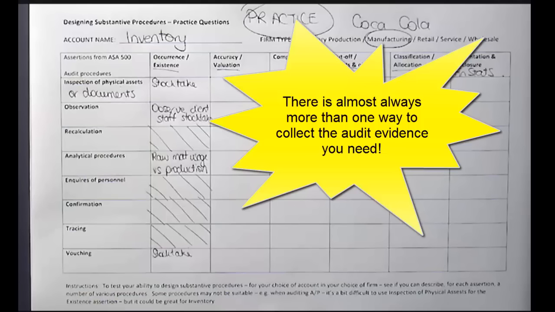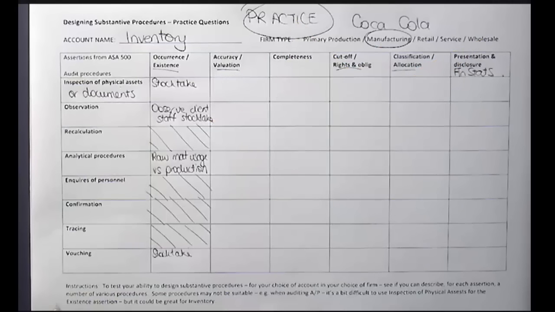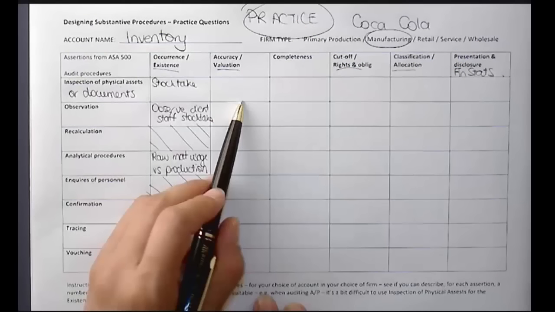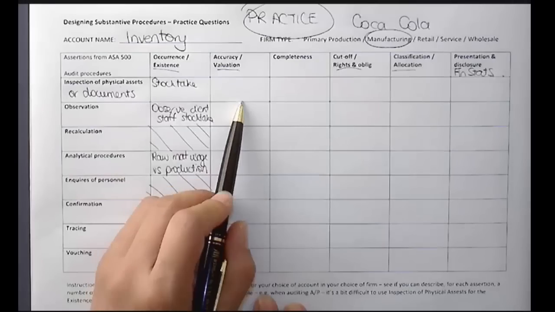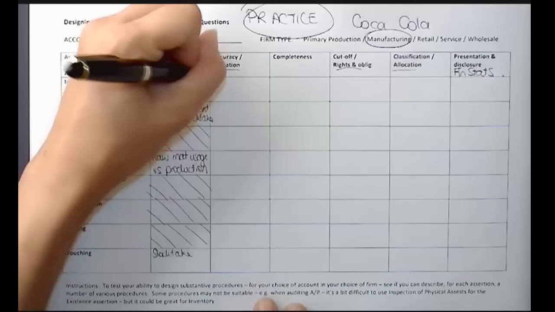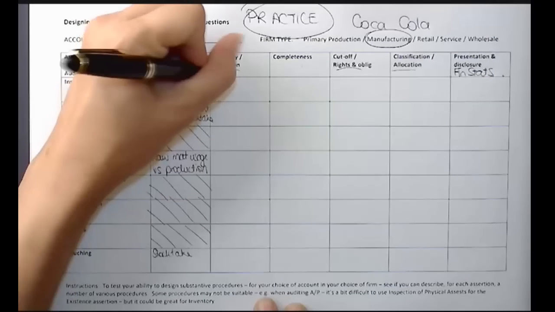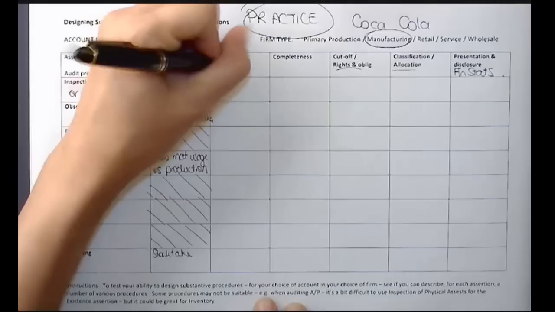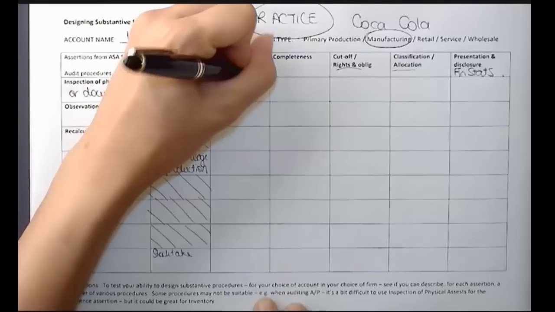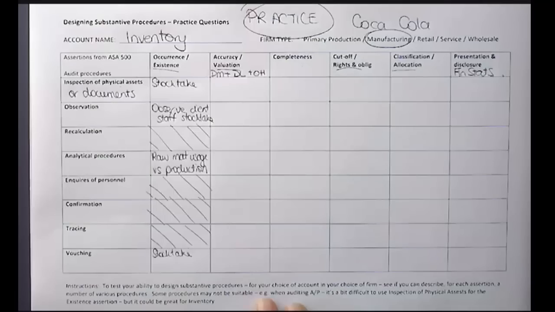Alright, it's not just accuracy, we look at valuation because we know with a manufacturing firm, our value is our direct materials plus our direct labor plus our overhead. So it's going to be a bit more complicated. Now, I might be able to inspect my physical assets as part of my stock take, so that could carry over there.